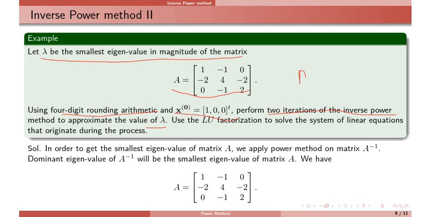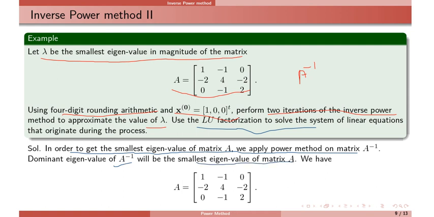The largest of A inverse will be the smallest of A. This question also says it's a choice to apply LU factorization to solve the system, or Gauss elimination, or any method you can use. So the question is clear: you want to find the smallest eigenvalue of matrix A, so we need to apply power method on matrix A inverse. The dominant eigenvalue of A inverse will be the smallest eigenvalue of A.